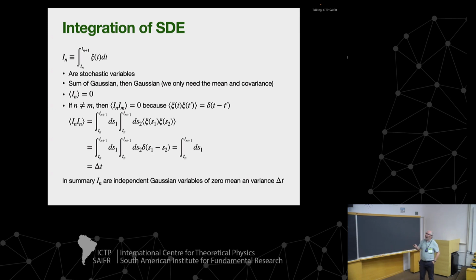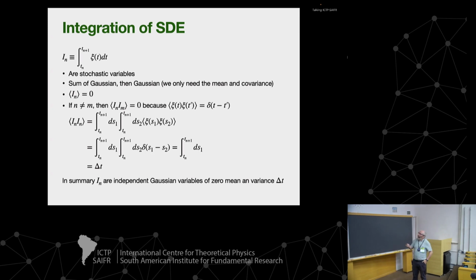Okay, so we have this. These In are stochastic variables as well, because you are summing several integral stochastic variables. If you sum something that is random, you get something random. The second thing is that you actually integrate, but it's the same thing as summing.